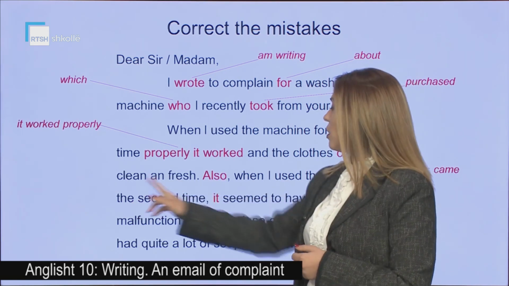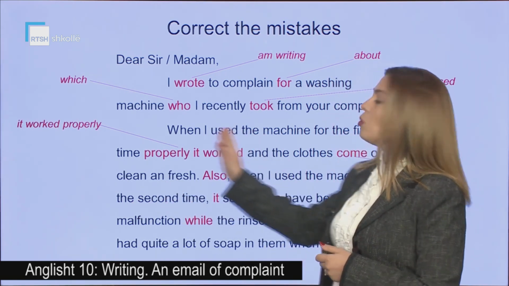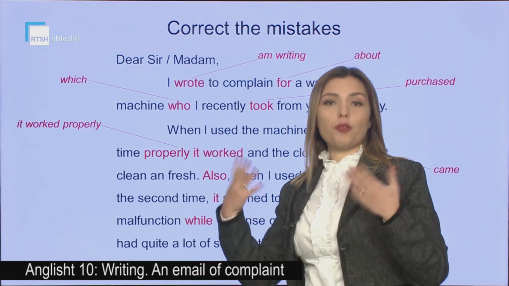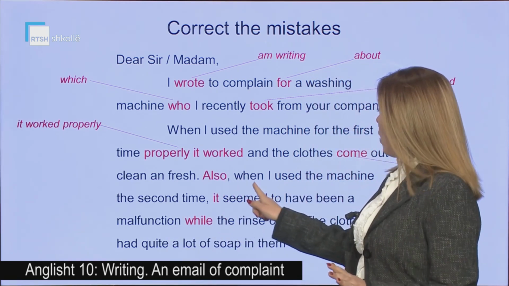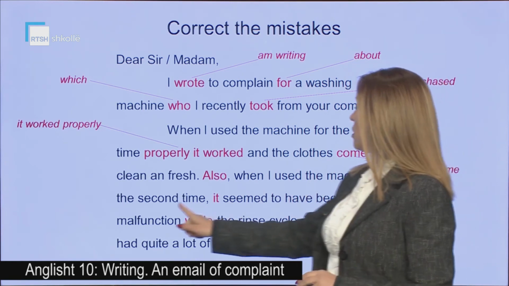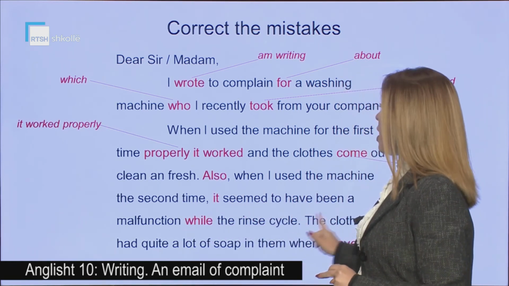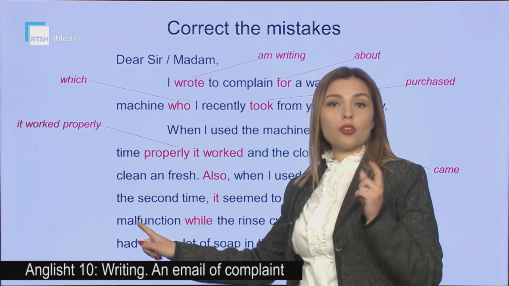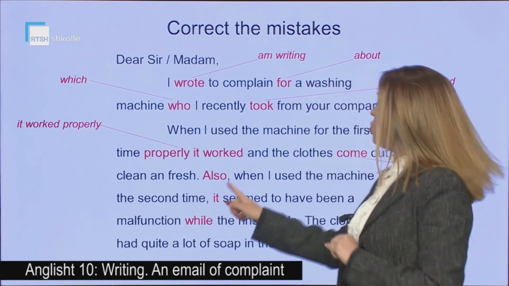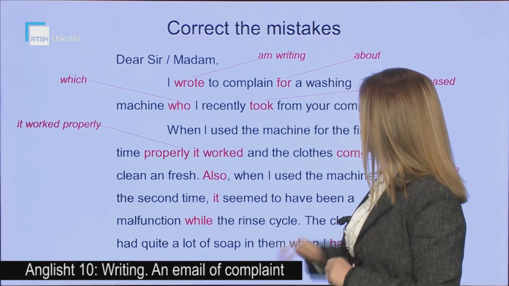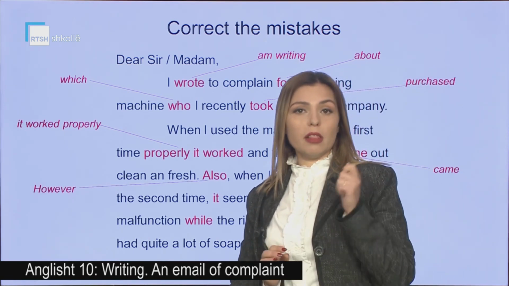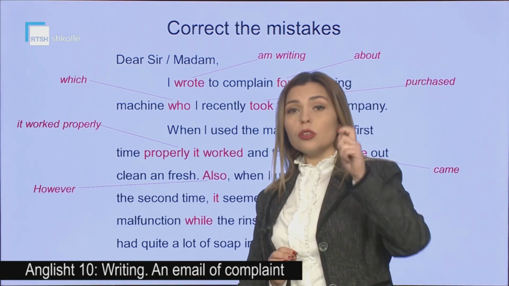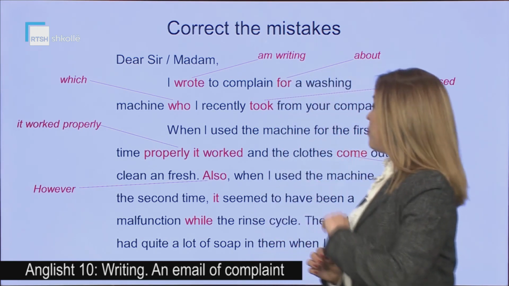They came out clean and fresh. That was something positive. So for the first time, everything was okay. When I used the machine the second time, it seemed to have been a malfunction. So now we have something negative. So we cannot say also, but we're going to say however, for example. We need a linking word that shows something negative now.